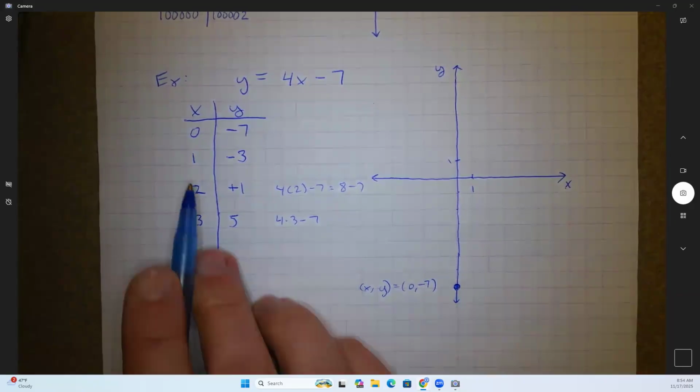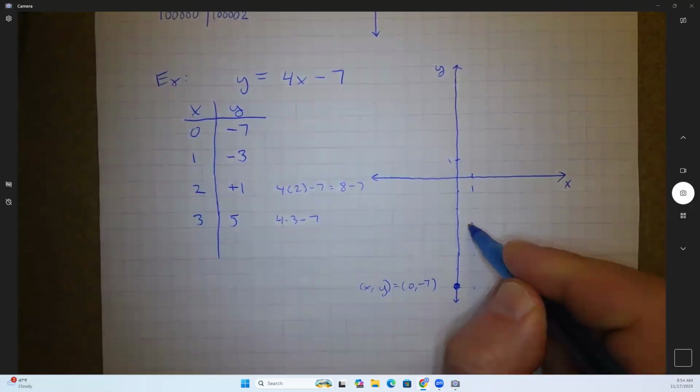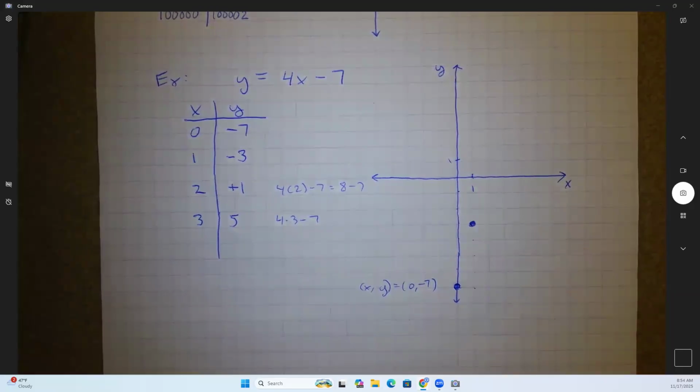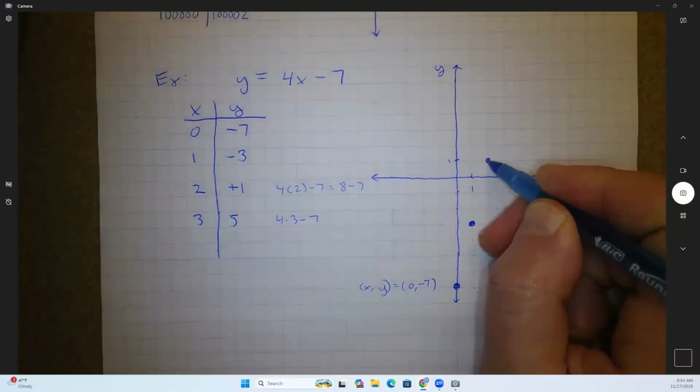And when x increases by 1, y is going to increase up to negative 3 right there. That's 1 comma negative 3, and then 2 comma positive 1 will get me here.